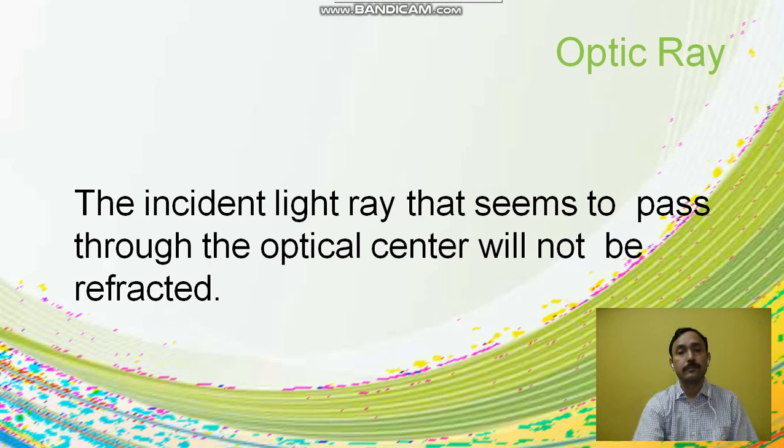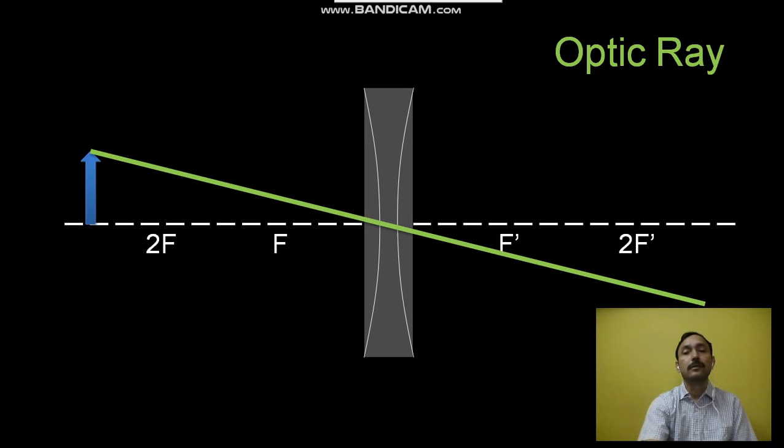Optic ray. The incident ray that seems to pass through the optical center will not be refracted. So this is the image. This is the object. So light that is passing through the optical center will not be refracted.